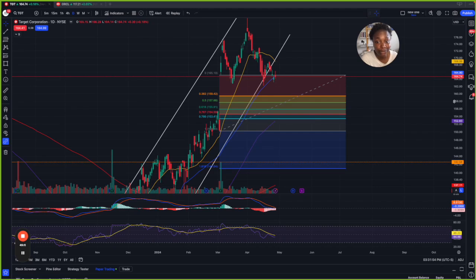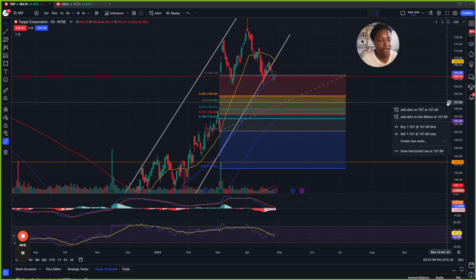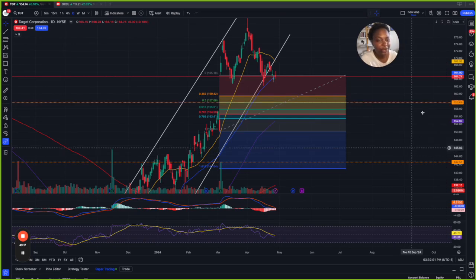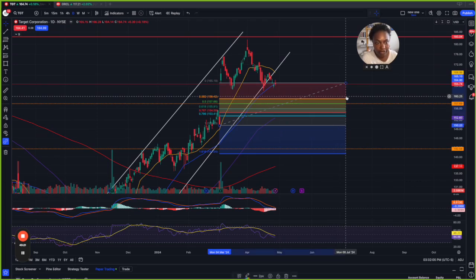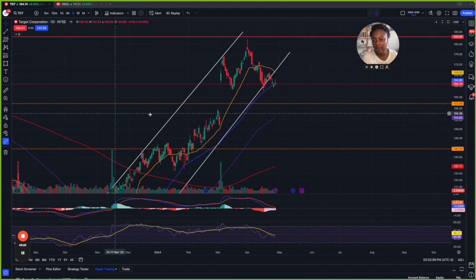Well, now that gave me 156.66, so we're just gonna split the baby, Sophie's choice, and go at 157. You see it, all right? So that's about that halfway point in here, and then I'm gonna redraw that one more time, and instead of doing it at the close of this bearish candle, I'm just gonna do it from wick to wick, and see if that measurement makes more sense to me.